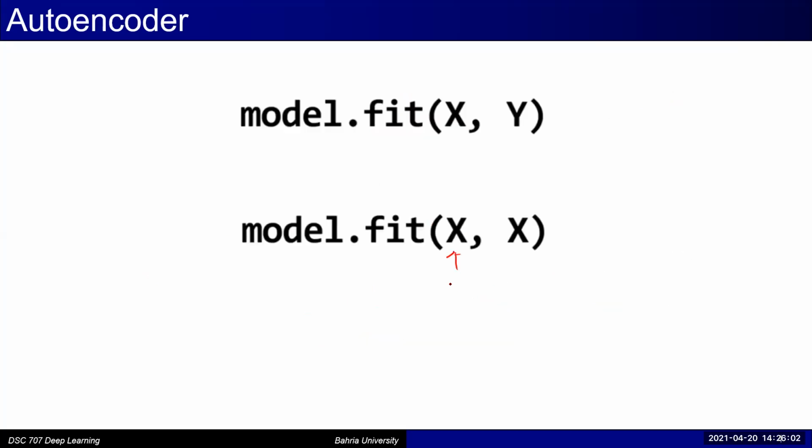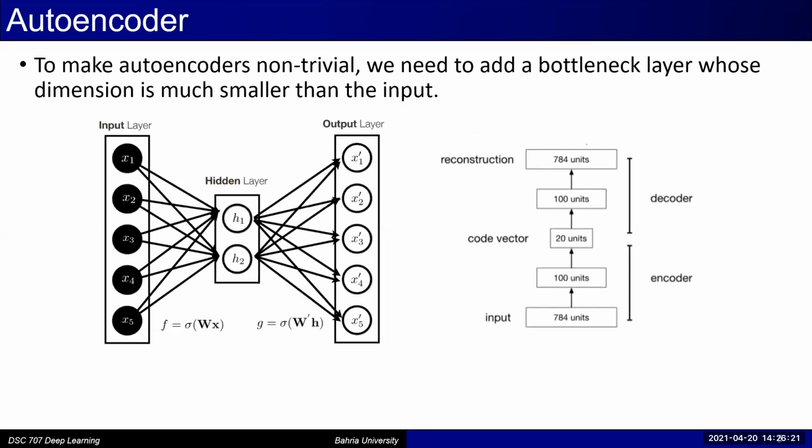This x is your input, which is what you are feeding, and you want the same thing as the output. If you look at this for the first time, it may sound a bit strange, but in case of autoencoders, when we implement, we'll be using this model.fit. Whatever is the input, we want that as an output.